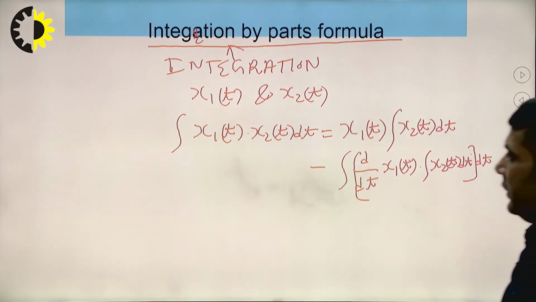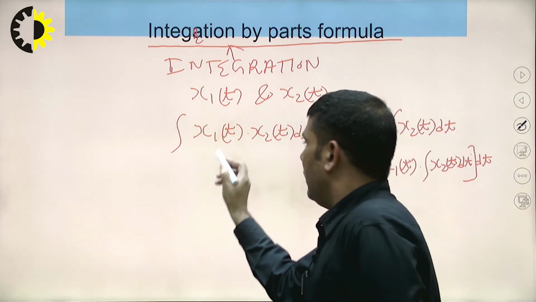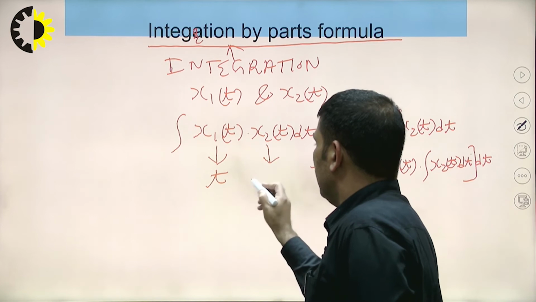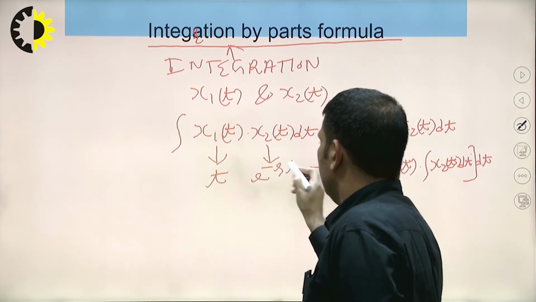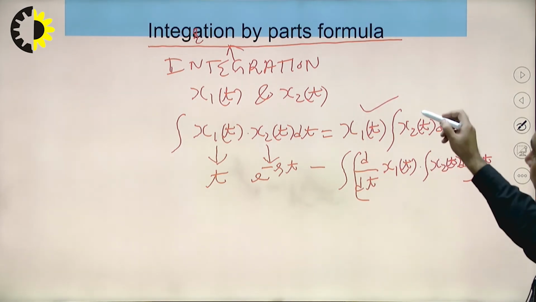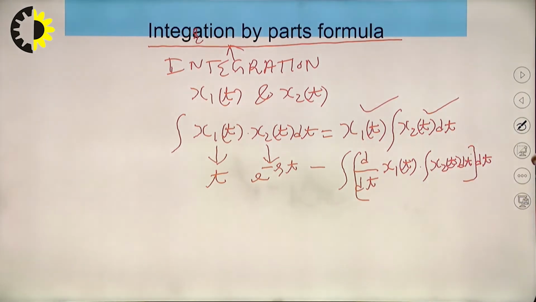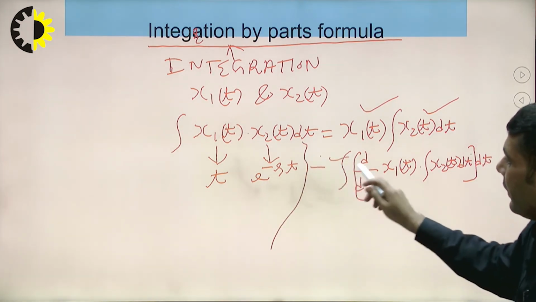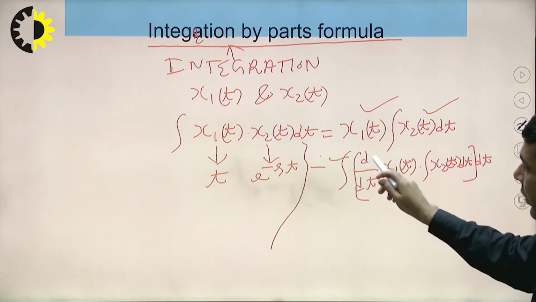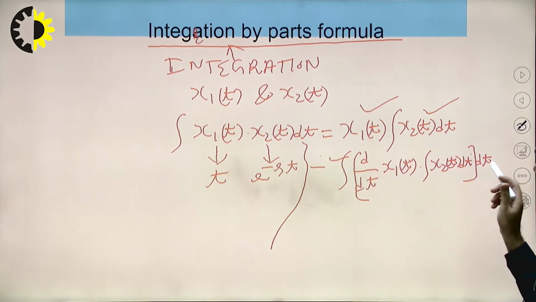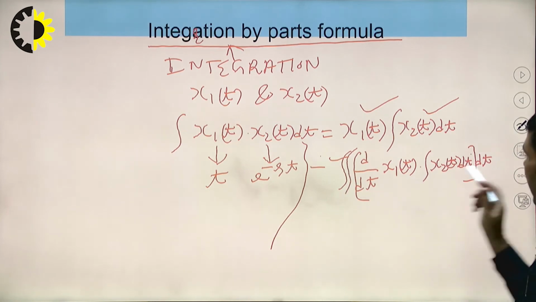In our last case, this one was t and this one was e raised to power minus st. So apply this formula: first function as it is, integration of the second function, minus the integration of the differentiation of the first function into the integration of the second function, and overall integration dt.